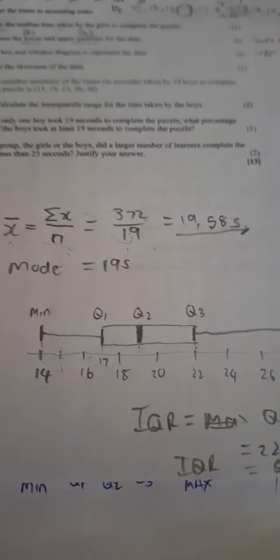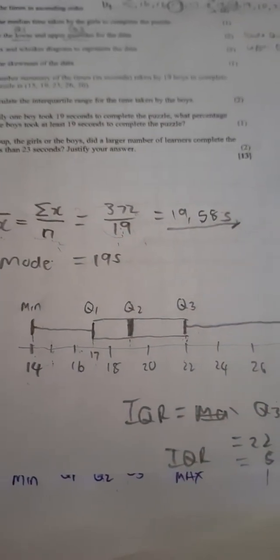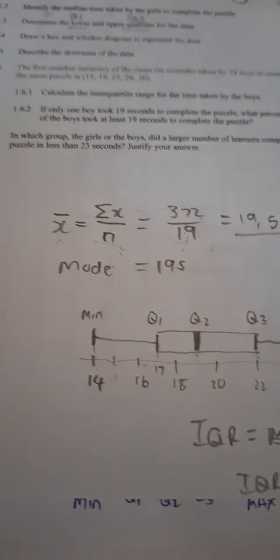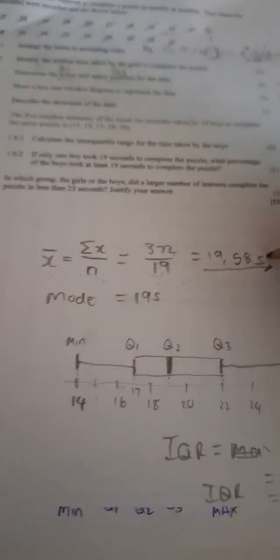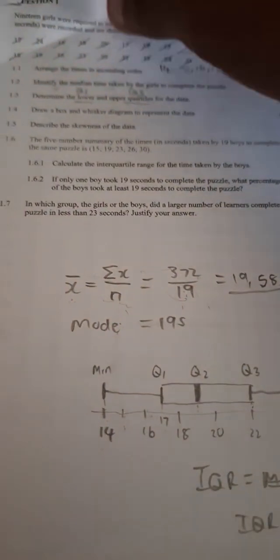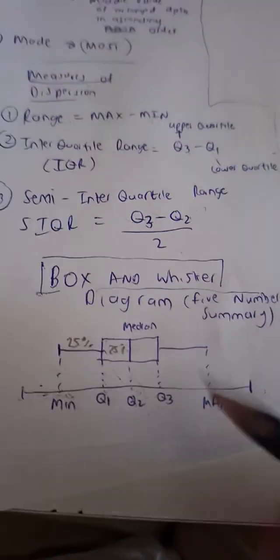So we got 19.58 seconds as the answer. S is just to show seconds. Then we asked the mode. The mode means the number that appears the most. We see in that data set it's 19 that appears the most.